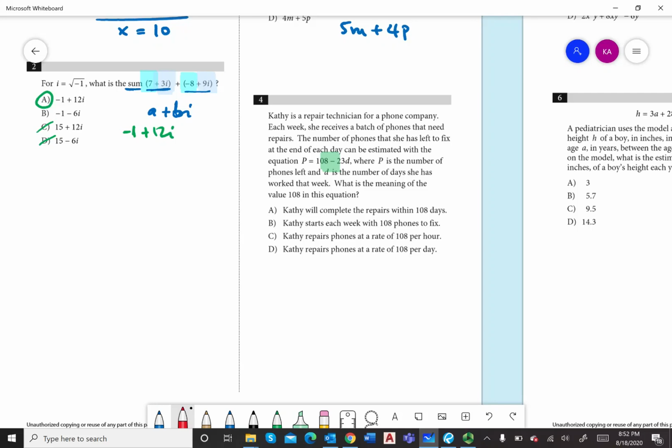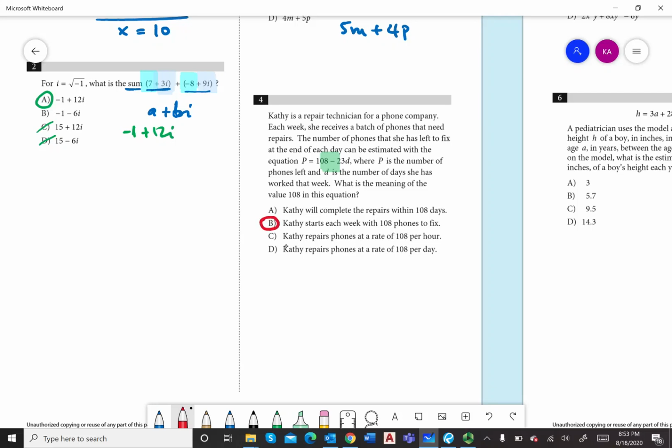So if you read them, we want to see which one says that. The first one says Kathy will complete the repairs within 108 days. Nope. Kathy starts each week with 108 phones. Yes, so that is the answer.